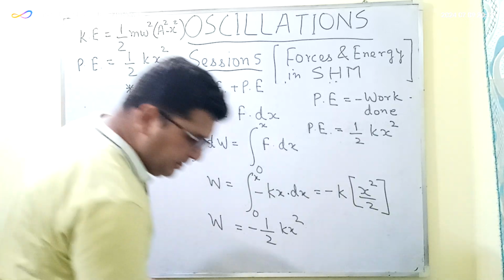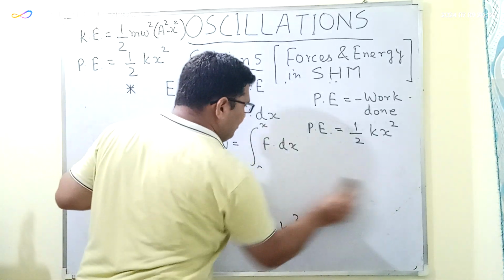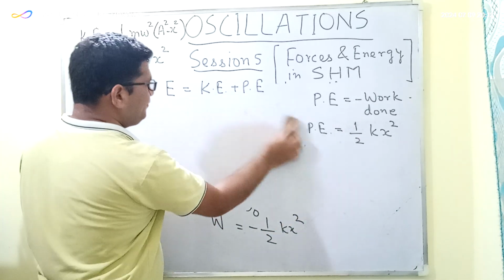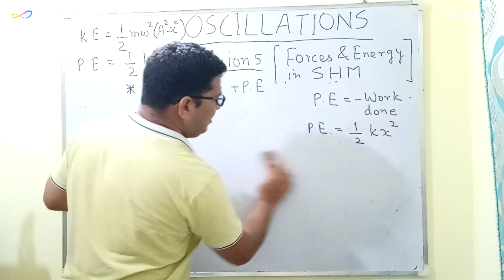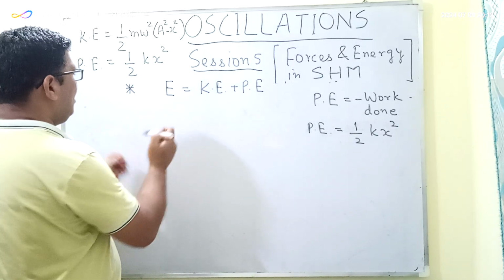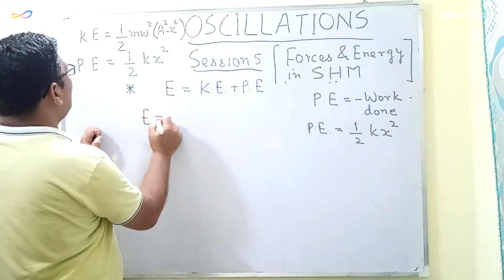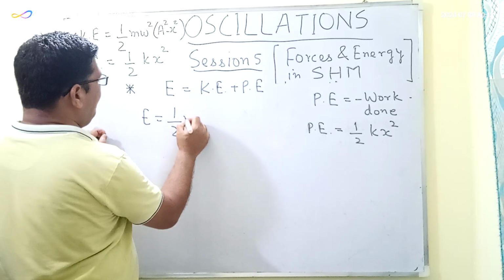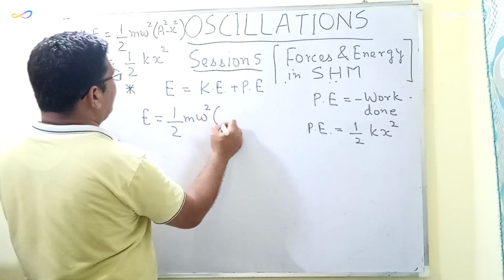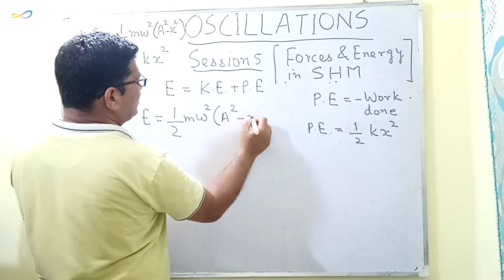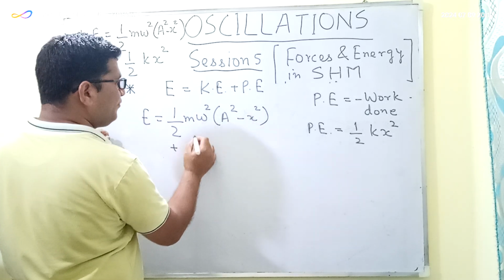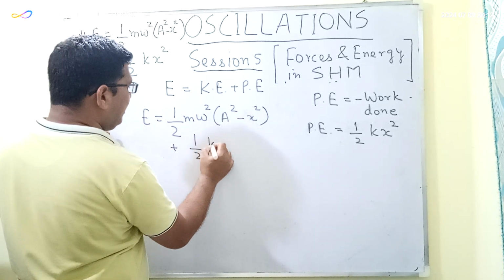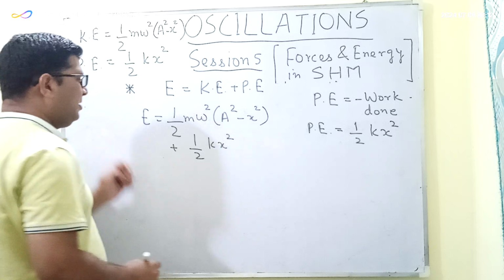So the total energy of the particle which is executing the simple harmonic motion can be written as 1 by 2 m omega square (a square minus x square) plus 1 by 2 k x square.